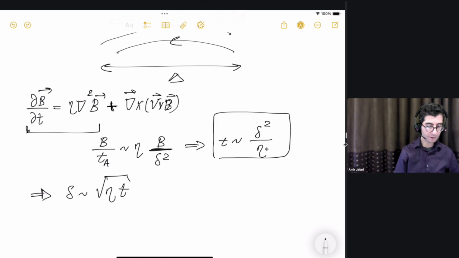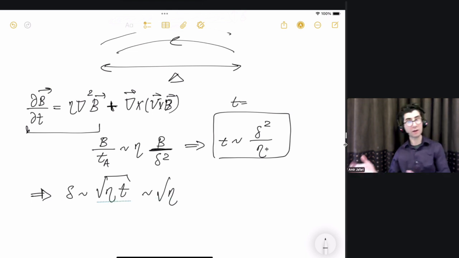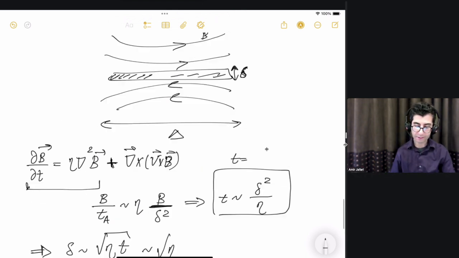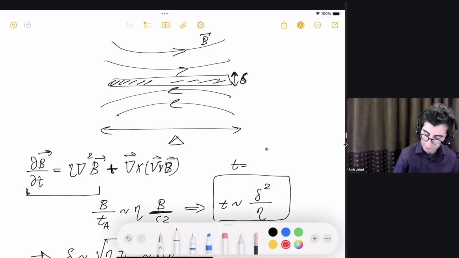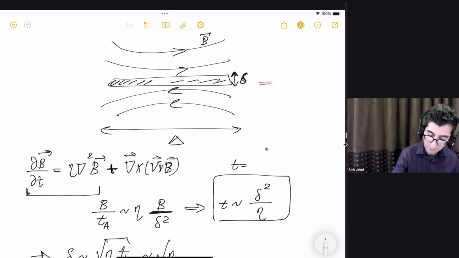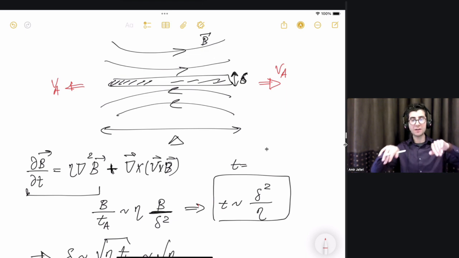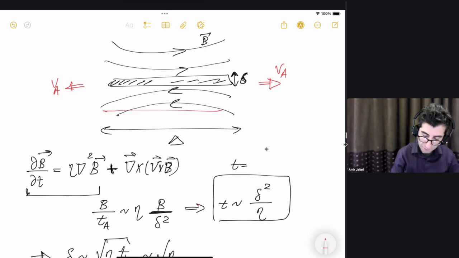So this is delta, and on the other hand, what is T when you have reconnection? Well, as I said before, plasma is being ejected with some velocity V_A, the Alfvén velocity. And this is, remember, capital Delta, this length scale.